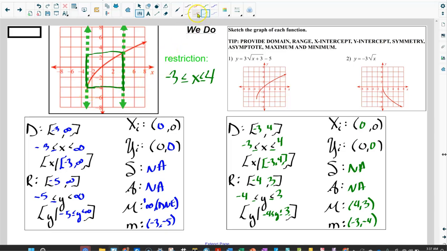While we're adding more time to the video, understand that technically you might actually have somebody describe the maximum as 3, careful with that, and the minimum as negative 4, as opposed to a point. So keep that in mind.